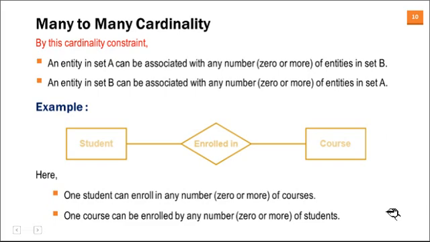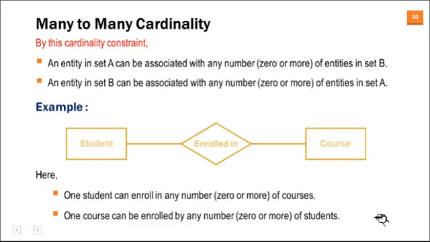It means one student can enroll for any number of courses. A student can enroll for a B.Tech course, an M.Tech course, or a BCA course also. A student can enroll for 0 courses, or more than 1 course, or 2 courses or 3 courses.